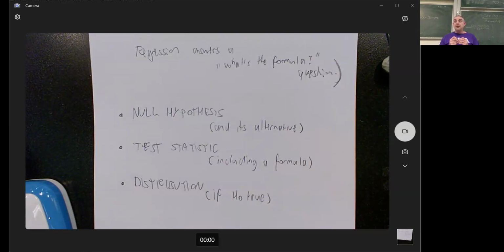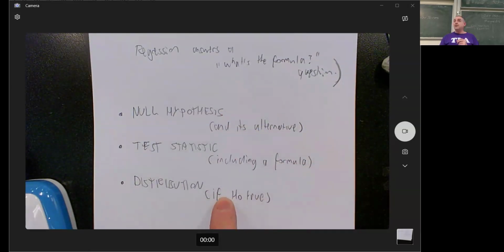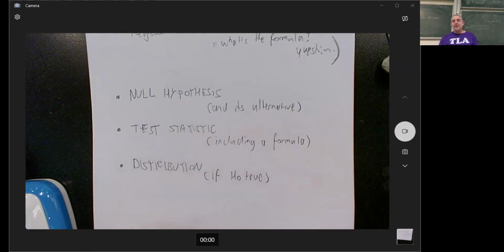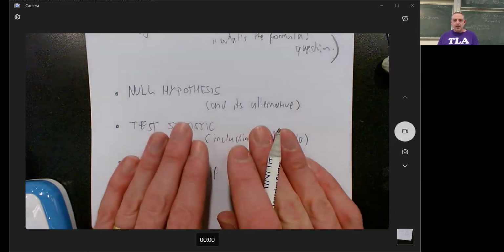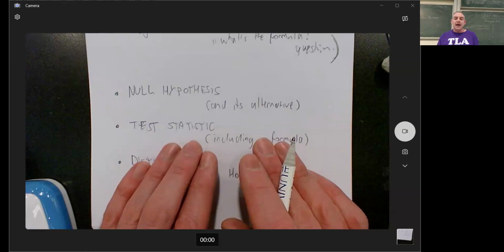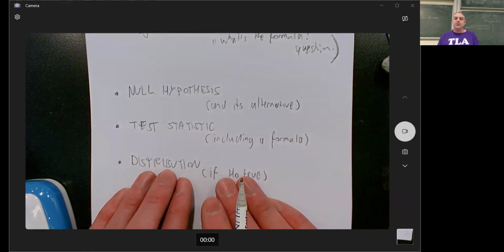And the reason you need them, you need this null hypothesis so that you can calculate this distribution. You need the test statistic so that you have something that has a distribution. And you need to know at the end of it, what the question you ask yourself is: the test statistic that I got from my data, how does it compare to this distribution of all of the test statistics that could have been if the null hypothesis was true?